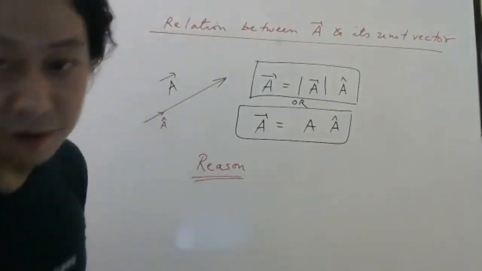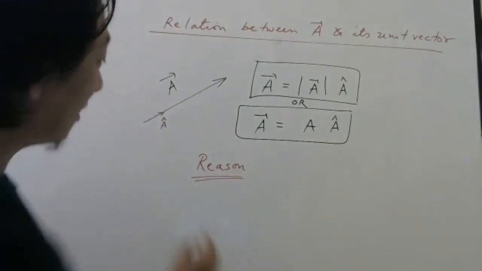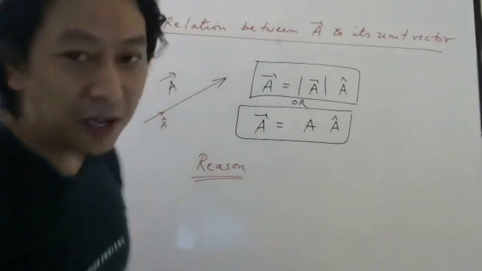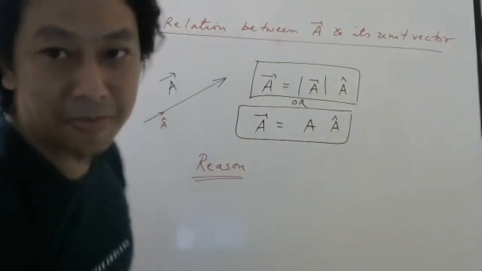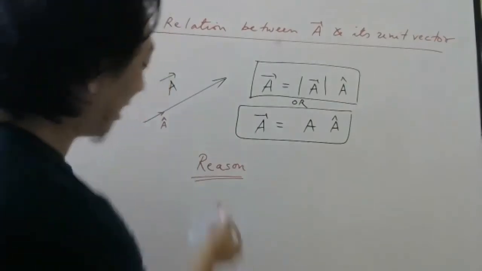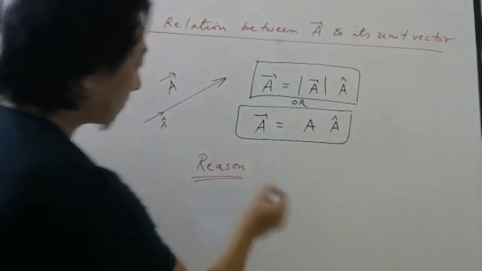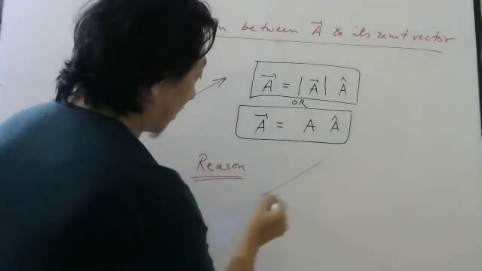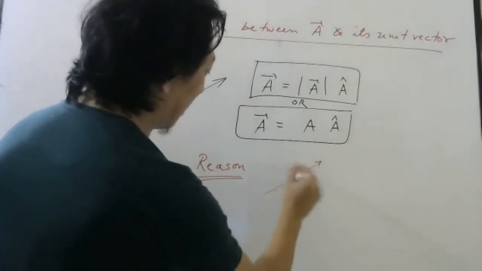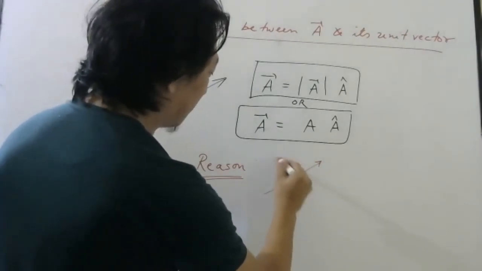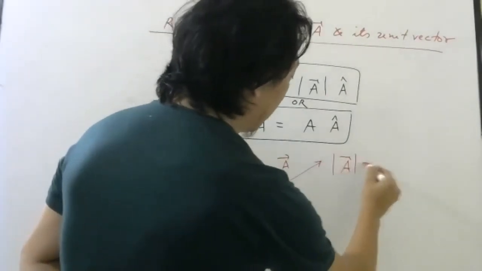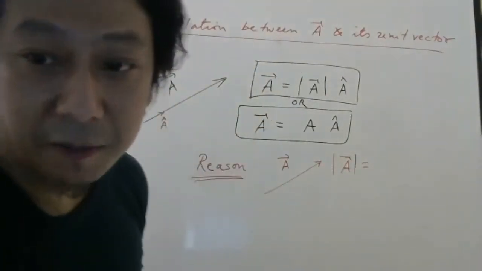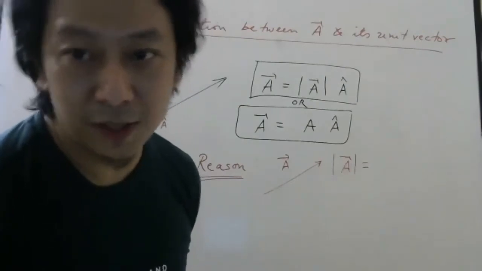So look carefully now, okay? I will repeat. The reason you are asking me to repeat is because you have not understood how this formula comes, which I also used to think. So let me give you the reason. Look here. Let us say I have any vector, A bar. The magnitude can be a number, right?